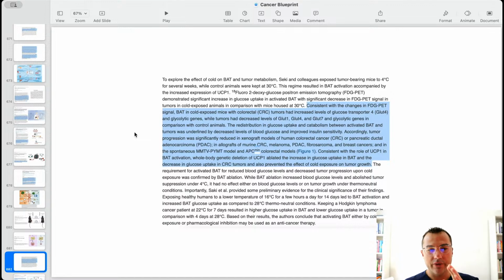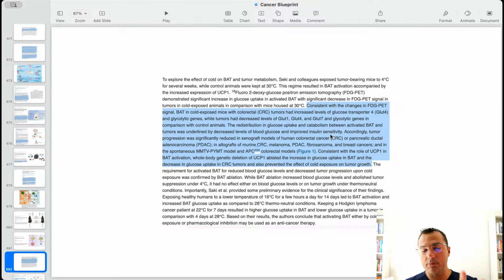Basically, the animals that didn't get cold had the same amount of glucose transporters in the cancer cells and glycolysis-related genes. However, the mice that got cold that had colon cancer had decreased levels of those. The redistribution in glucose uptake and catabolism between activated brown adipose tissue and tumors were underlined by decreased levels of blood glucose and improved insulin sensitivity.